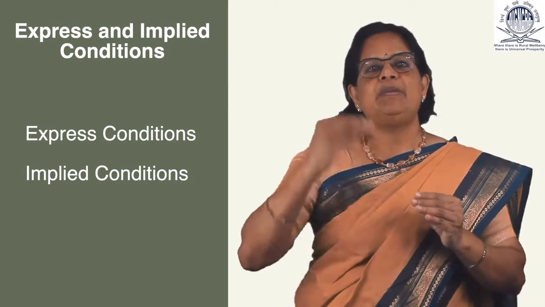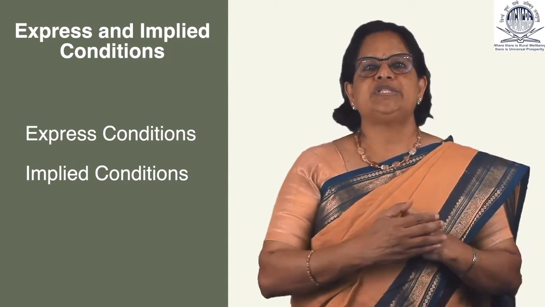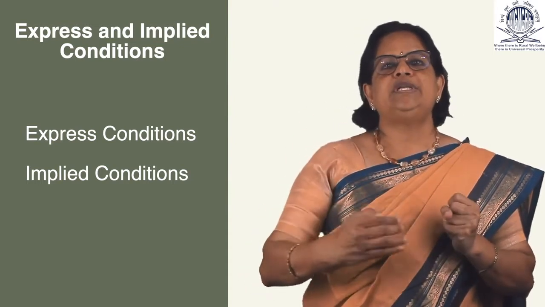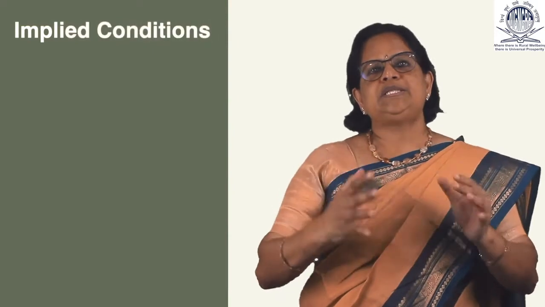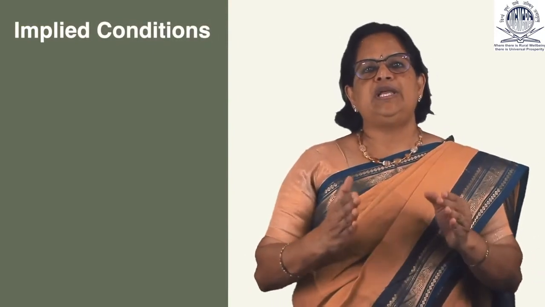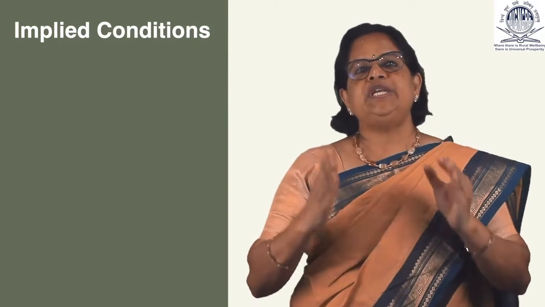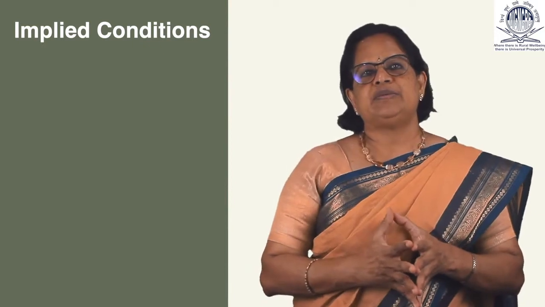In this case, the buyer is entitled to refund of the price plus damages. I hope that now you got the difference between express and implied conditions. Now, let us learn what are implied conditions. I have told you earlier that we will learn these points in detail. The following are the implied conditions.